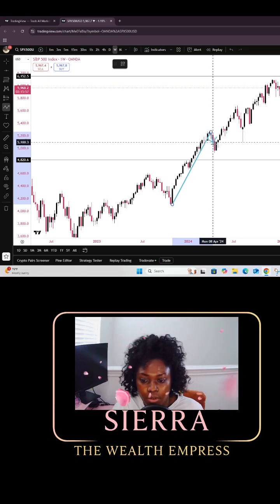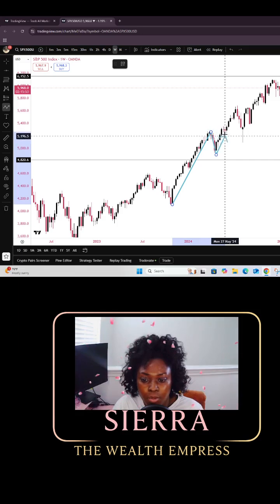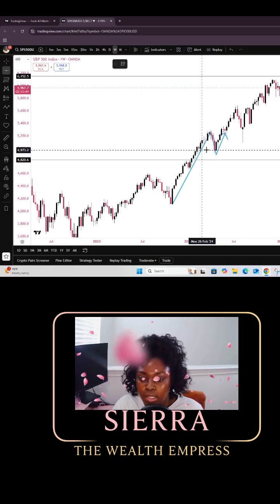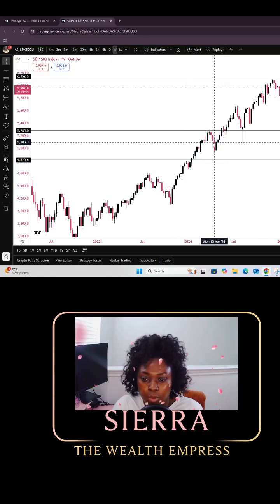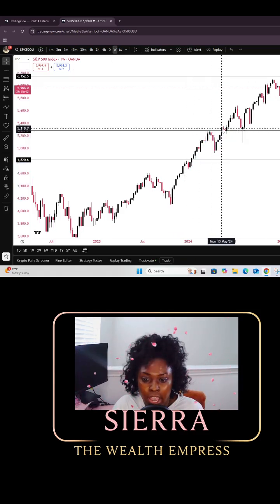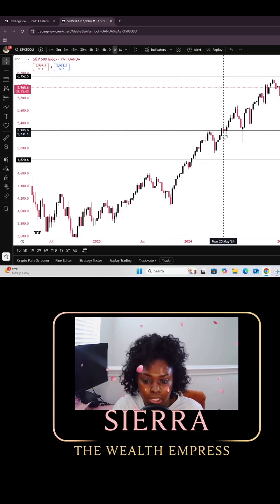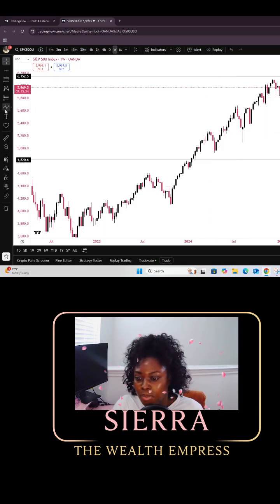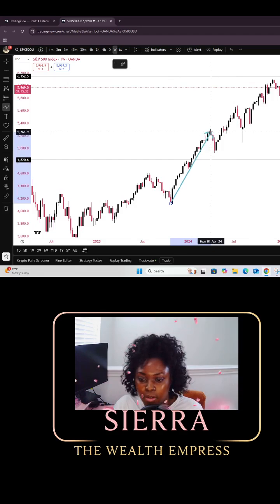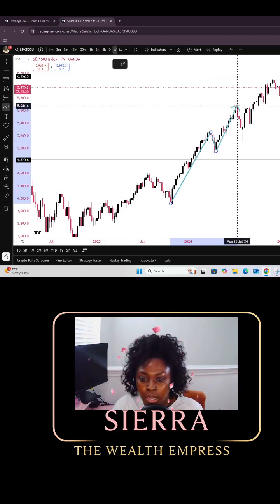Okay. So here, I'm not counting this as a pullback. This was a small retest of this, right? Because price just broke out of this area. It kind of pulled back a little bit to see if it wanted to go higher, and it did. Okay. So here to here to here.